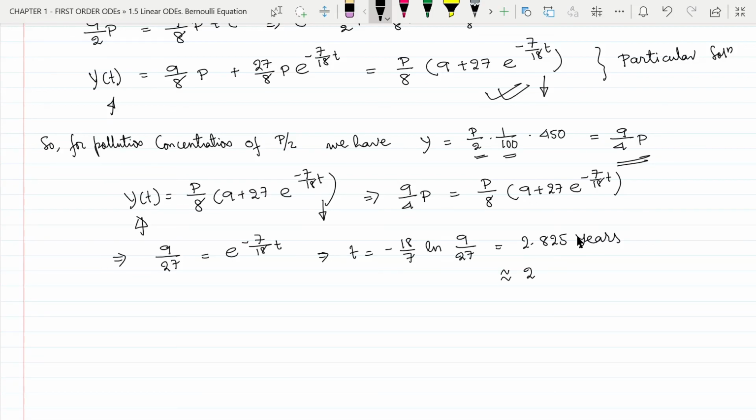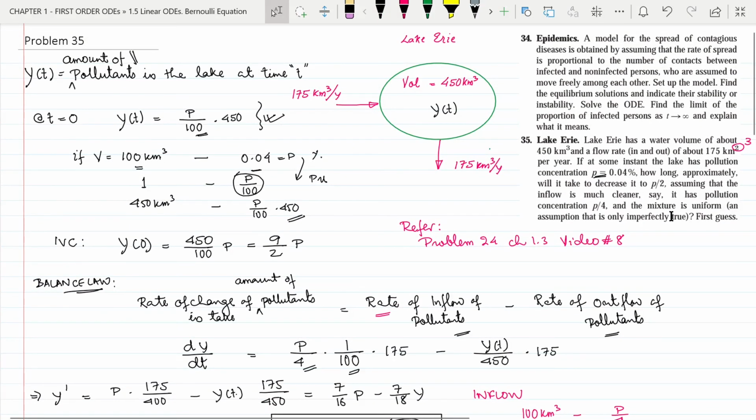So this is approximately equal to 2 years, 10 months. So it will take 2 years, 10 months to reach the pollution concentration of P by 2 in the lake.